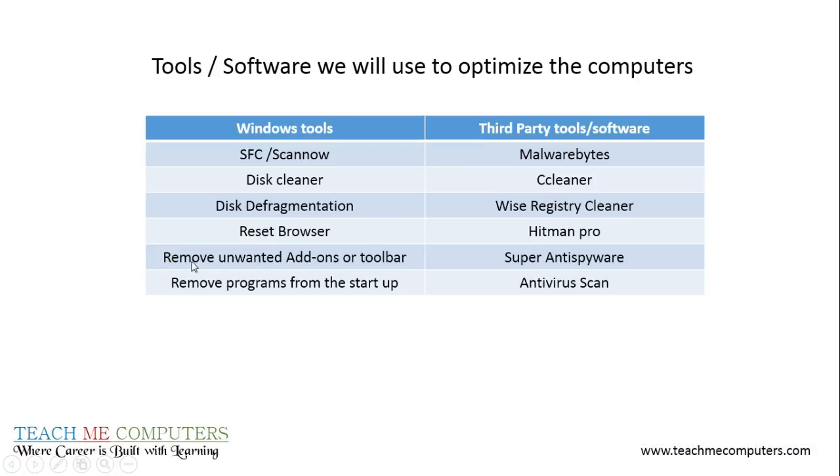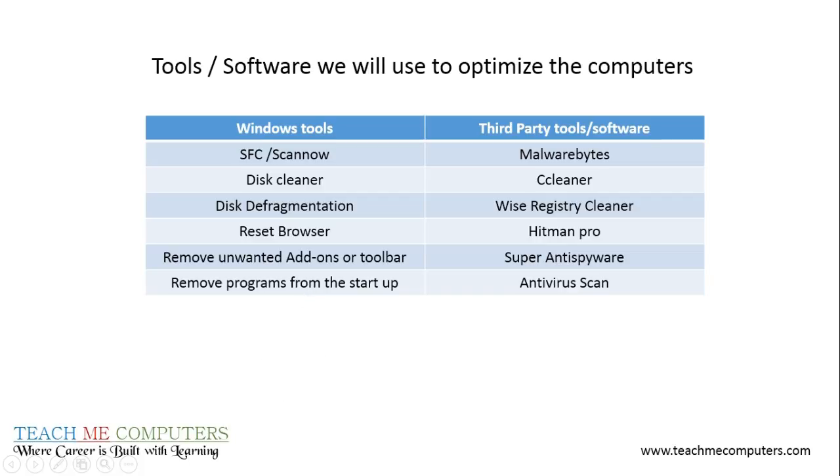Okay. So the next tool we will see is removing unwanted add-ons or toolbars. When you reset your browser, it disables all your toolbars and add-ons, but it does not remove them.